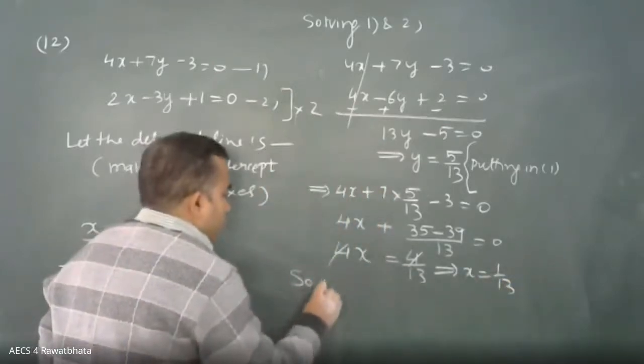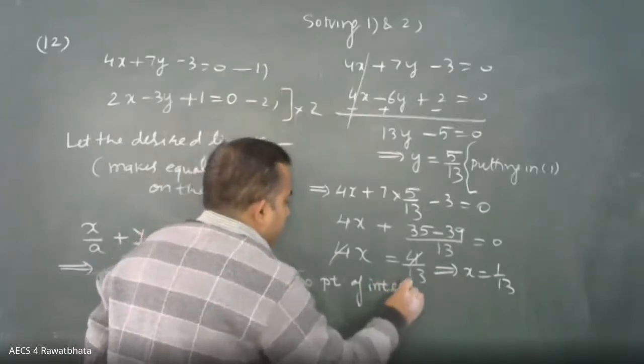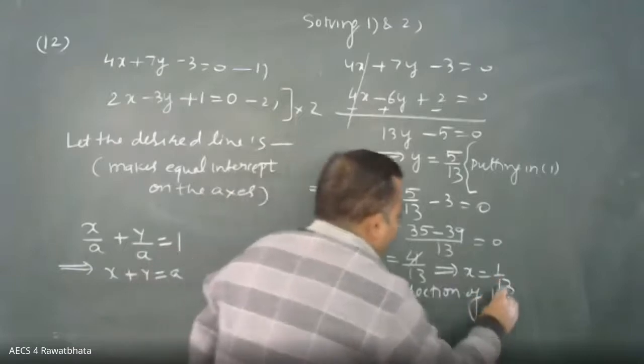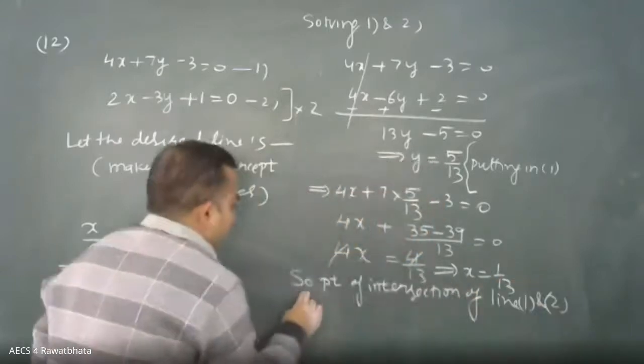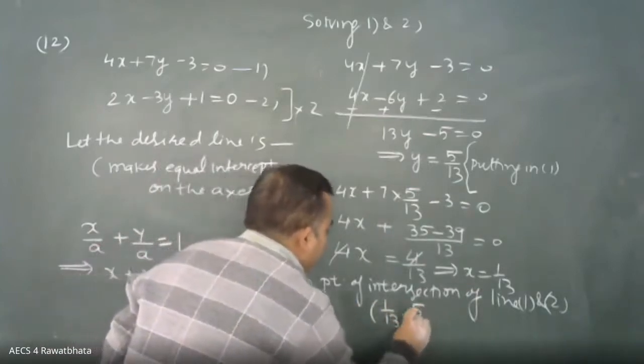So the point of intersection of line 1 and 2 is 1 upon 13, comma 5 upon 13.